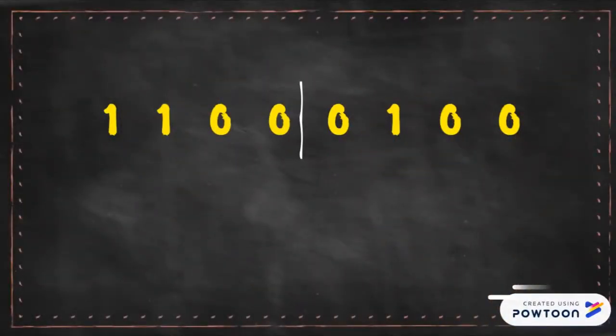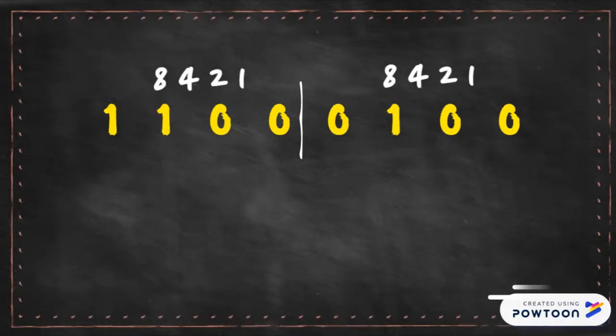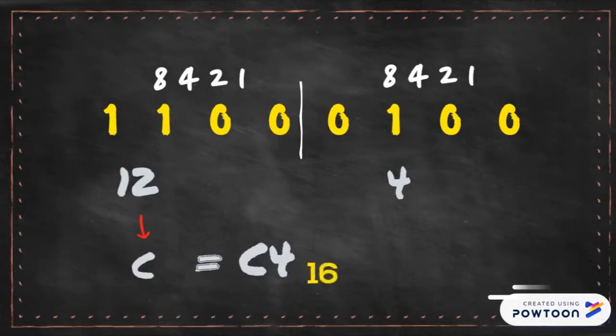Next, we're going to convert binary into hexadecimal. First, we need to group them into 4 and count using the power of 2 starting from the right. And then we will count the value of the 1s. The first set is 4 and the second is 12.